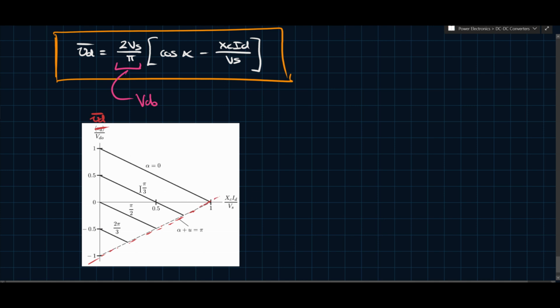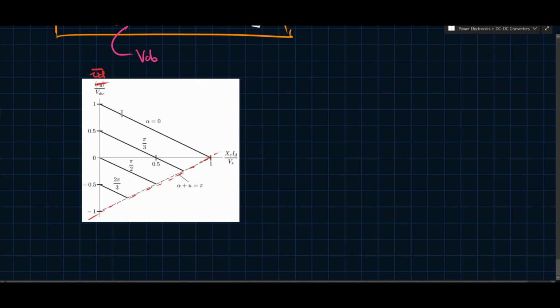We won't get into too much detail about this, but what you do need to understand is that in a case like this, the output current also restricts the value of alpha, restricting the range over which this relationship takes place. So there are 2 things going on here.